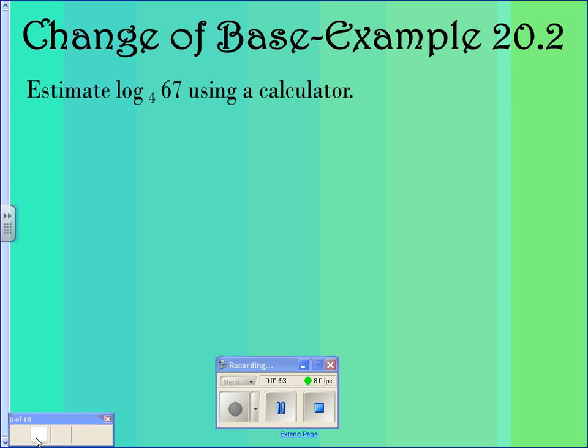All right. So how would you do this one? Using a calculator, it says evaluate it. Do you agree?